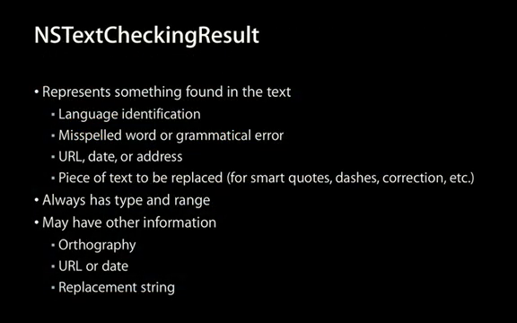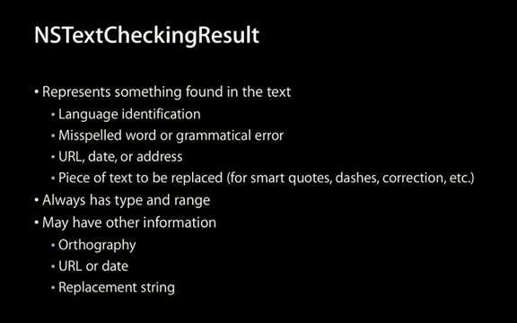So what are these results that you get back? They're instances of a new class, a text checking result. You get an array of these. And each one represents some interesting item that text checking has found in your text. That might be a misspelled word. It might be a URL, a date, an address from data detectors. It might be some piece of text for which we have a suggested replacement, like a curly quote for a straight quote, or something of that sort.